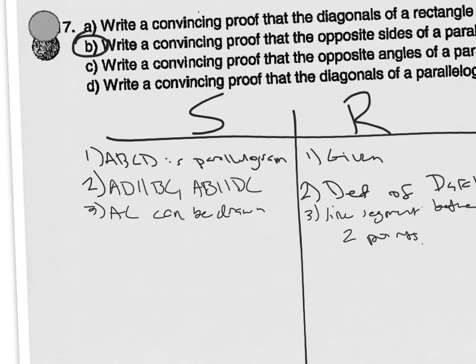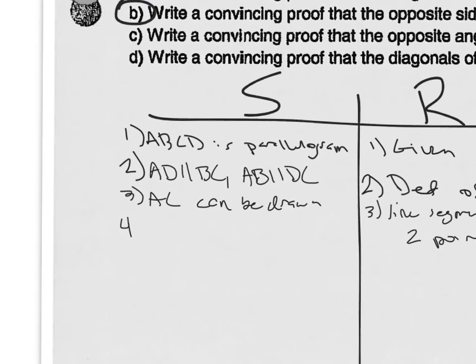Okay, step 4. Now that I've drawn the diagonal, we can now use these alternate interior angles, angle 1, 2, 3, and 4. Okay, so the ones that are alternate interior of each other are angles 1 is congruent to 2, angles 3 is congruent to 4.